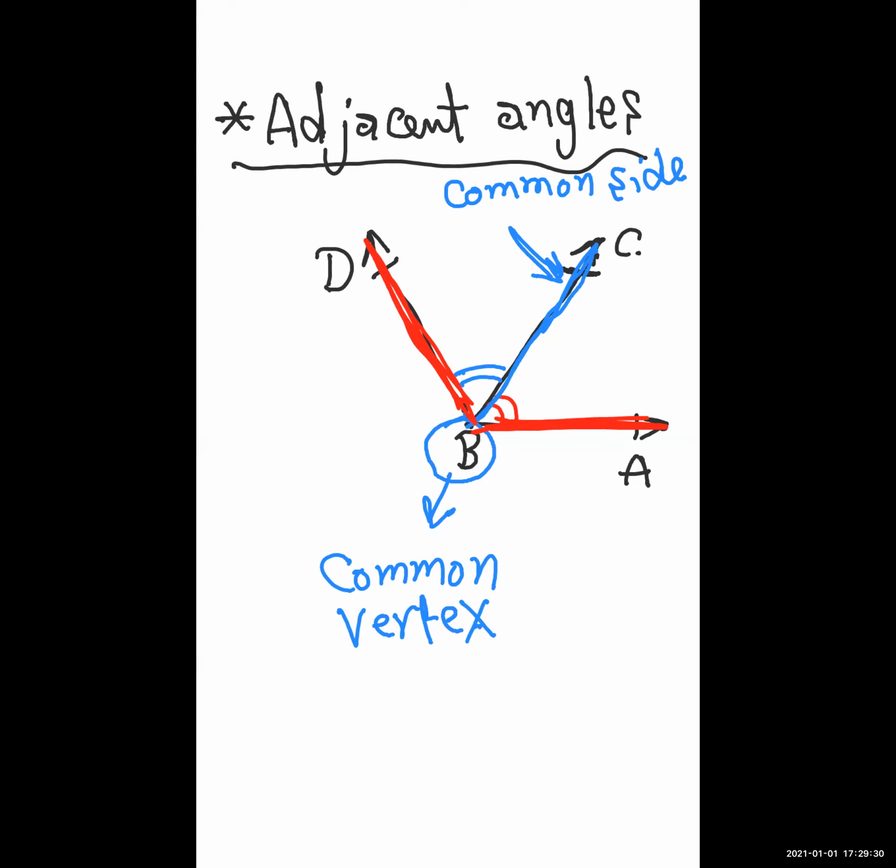So this means BC is a common side between these two angles, and B is a common vertex. So these two angles, which are A, B, C, and C, B, D, are adjacent angles. Okay? Okay, great.